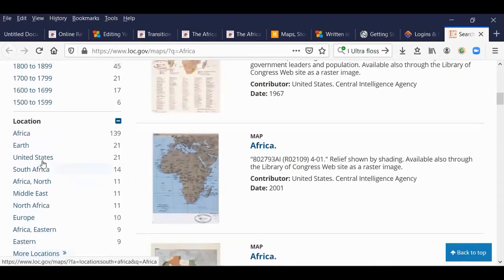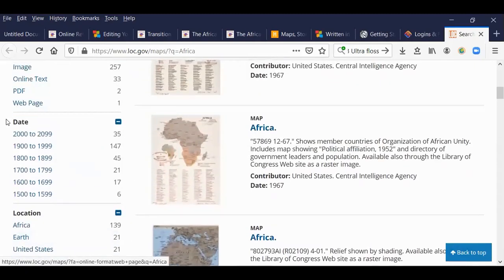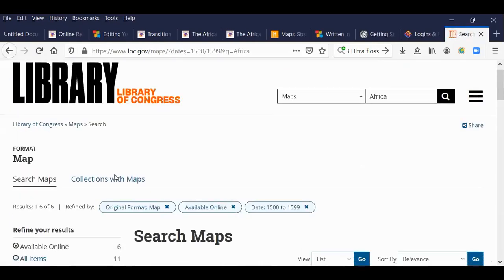But for our purposes, the historical study is quite interesting because it allows us to segment very quickly and narrow down a number of maps about Africa from different periods, like from 1500 to 1599, for example. If we click on that, we'll get a sublist of the full list.